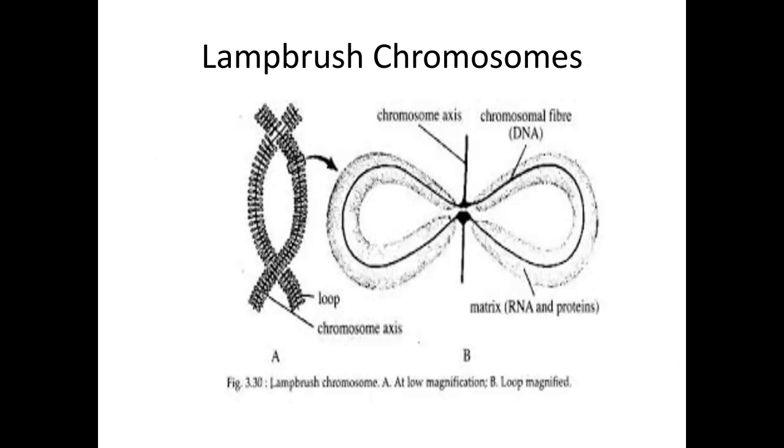It consists of the matrix, which is made up of RNA and proteins, and the chromosomal fiber, which is made up of DNA. So within the lamp brush chromosome, at the center there is the chromosome axis, and on both sides of the axis 2 loops are present. Like that, many such loops are present on the chromosome axis in the case of the lamp brush chromosome.